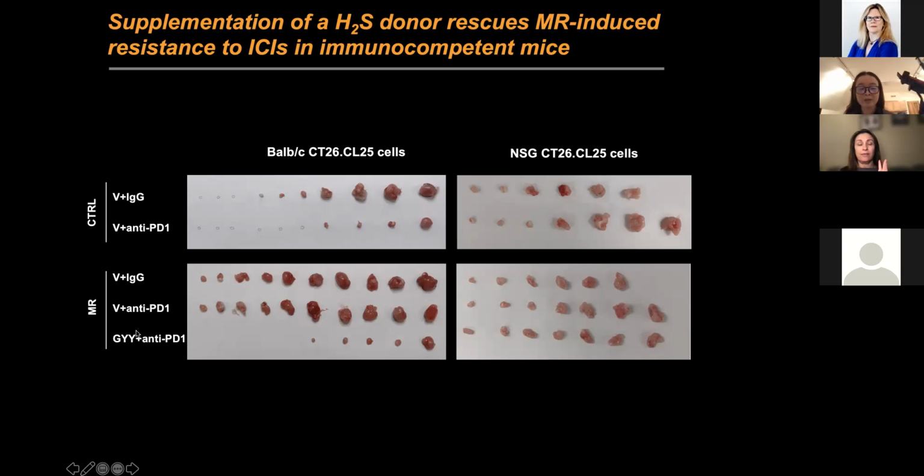However, supplementation of hydrogen sulfide is sufficient to rescue their resistance to this therapy. Again, as a control, none of this effect occurs in the immunodeficient NSG mice, indicating that the impact of dietary methionine restriction, as well as hydrogen sulfide, on tumor growth is completely dependent on the host immune system.